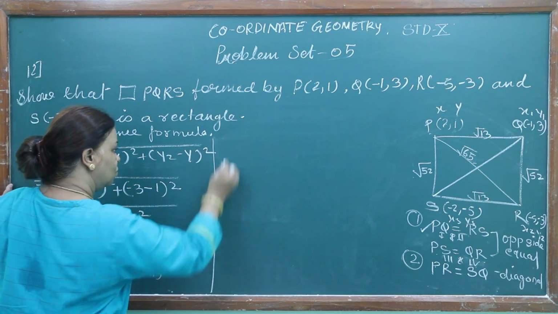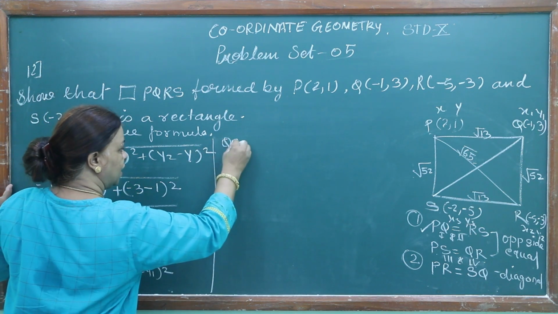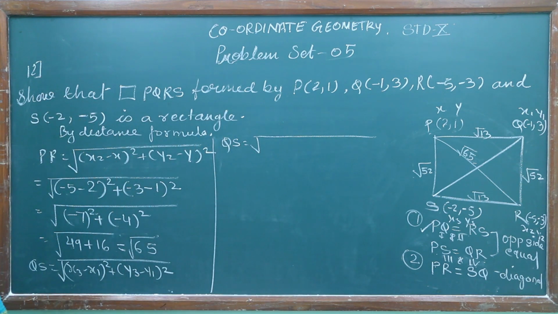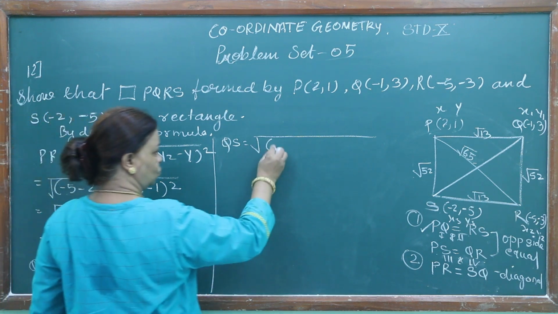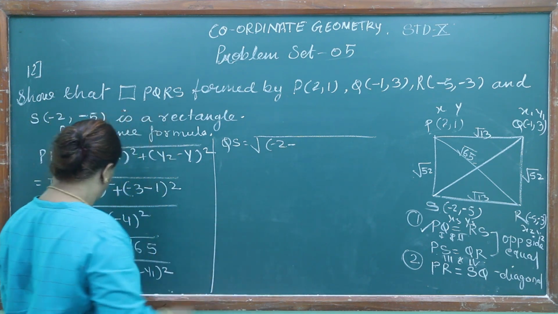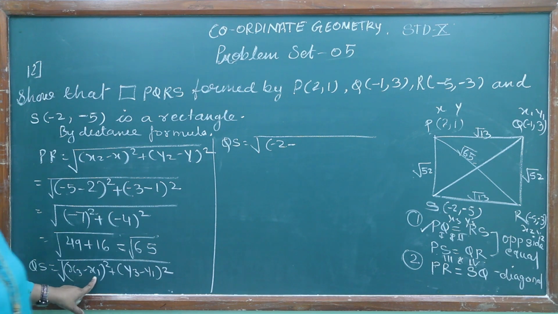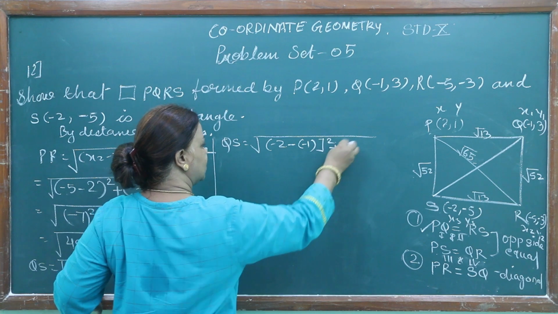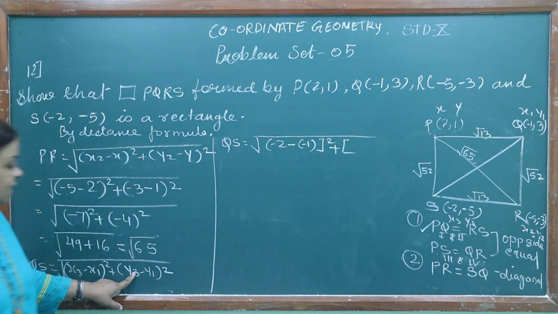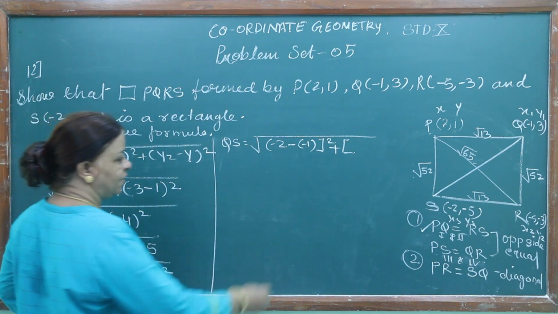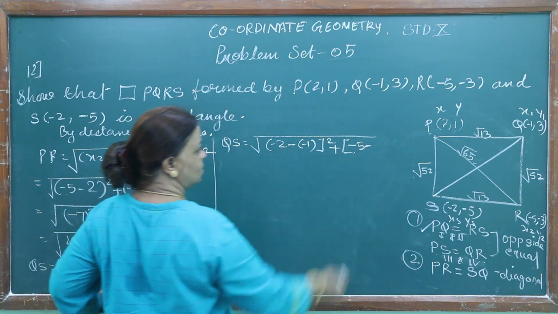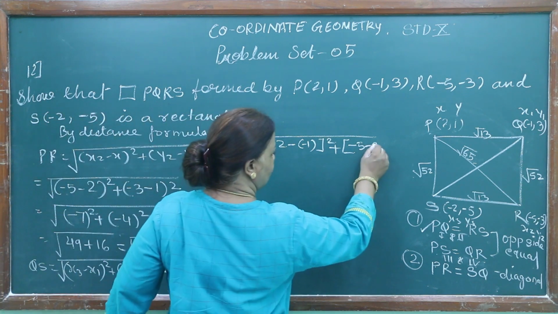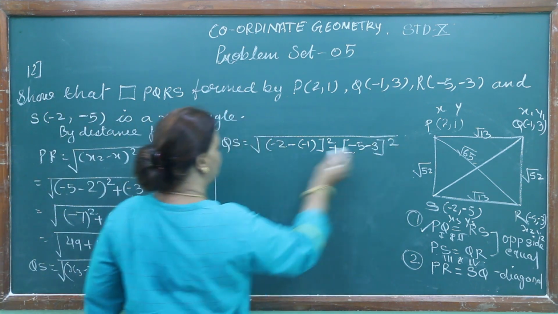When I place the value, QS, x3 is minus 2 minus x1, which is again minus 1, the whole square, plus y3. y3 is minus 5 minus y1, and y1 is 3, the whole square, inside the root.